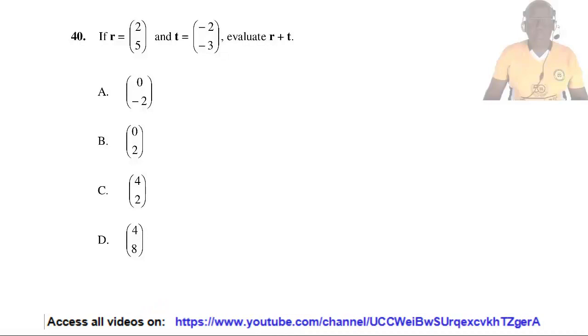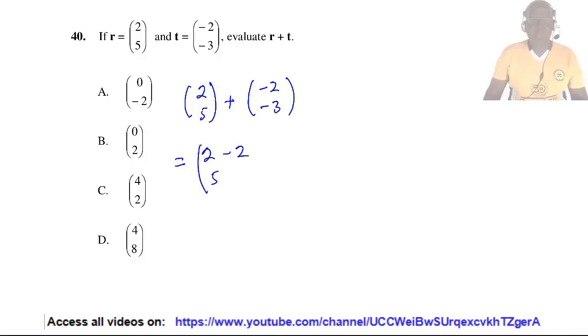If the vector R equals (2, 5) and the vector T equals (-2, -3), evaluate the vector R plus T. R plus T equals (2, 5) plus (-2, -3), which equals 2 minus 2 for the x component, and 5 minus 3 for the y component, which equals (0, 2). So the answer is B.